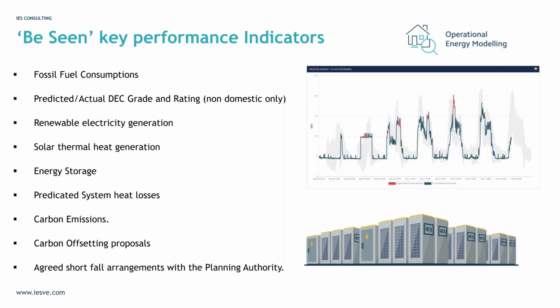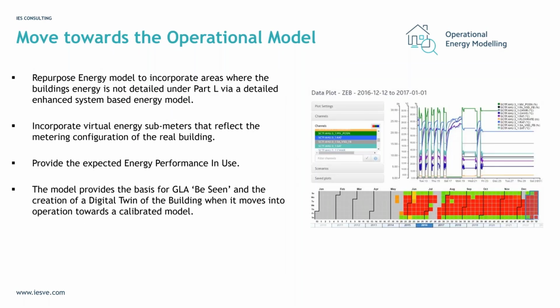The required in-use KPIs can mostly be extracted from the Vista results from your model, provided it has been set up carefully and is adequately metered to do so. On completion of the building phase and moving into occupancy, the model can be repurposed and calibrated to become a true digital twin.